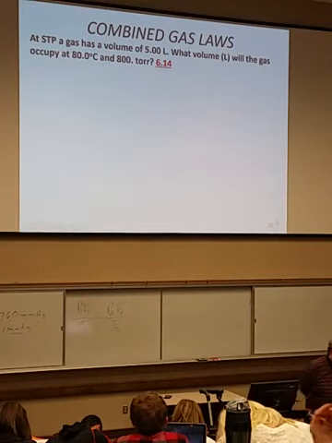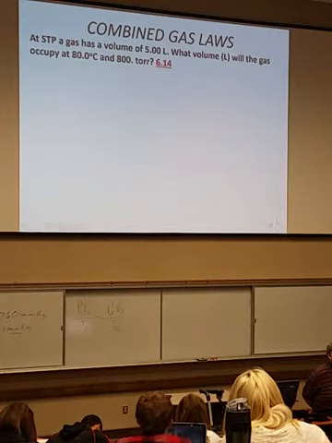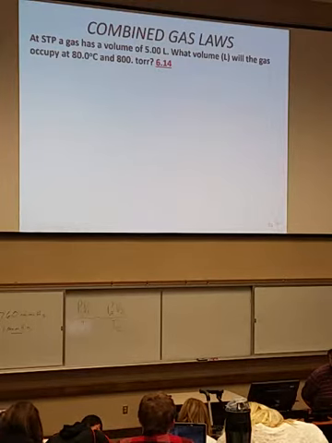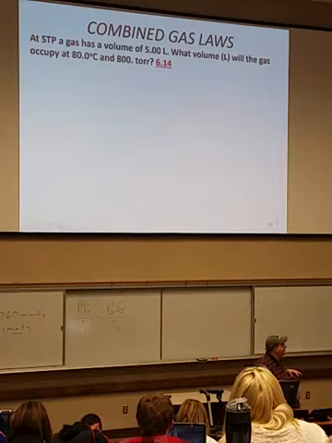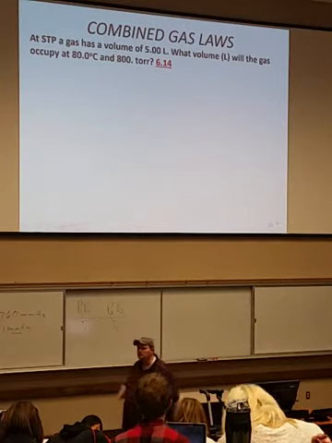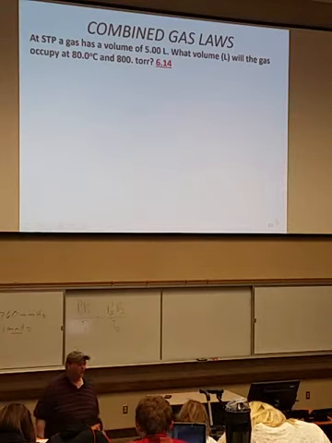But it's also at STP, which means what? 1 atmosphere at 0 degrees Celsius. You just need to know that. So it's telling you more information about the gas than they're giving with the word STP. So anytime you see STP, just cross it out, write 1 atm, 0 degrees Celsius.